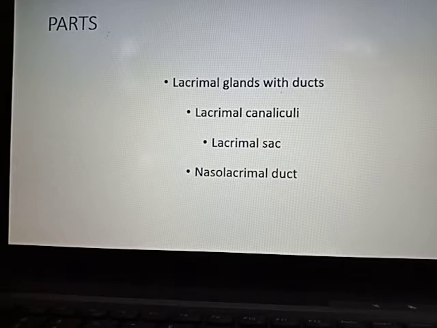Mainly there are 4 components in this lacrimal apparatus. You may also add the conjunctival sac, because after the tear is secreted from the lacrimal gland, it goes to the superior fornix, and from the fornix it travels to the medial canthus. Okay.